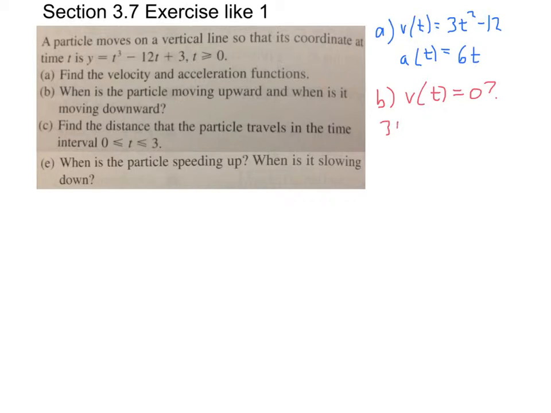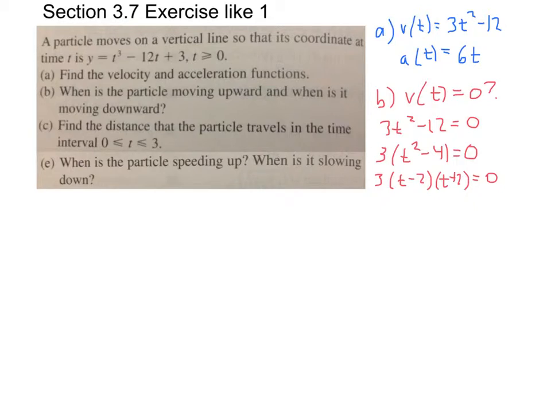So we want to solve 3t squared minus 12 equals 0. First thing we want to do is divide out the 3. So we have 3 times t squared minus 4 equals 0. And then t squared minus 4 is the difference of two squares, so we have t minus 2, t plus 2.